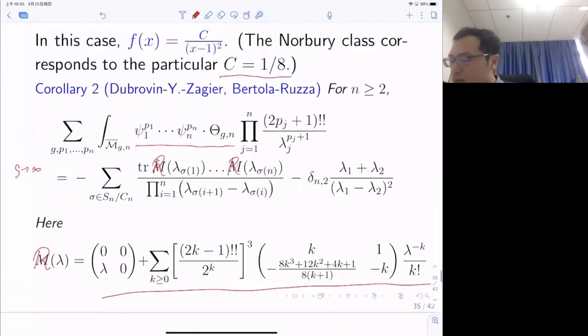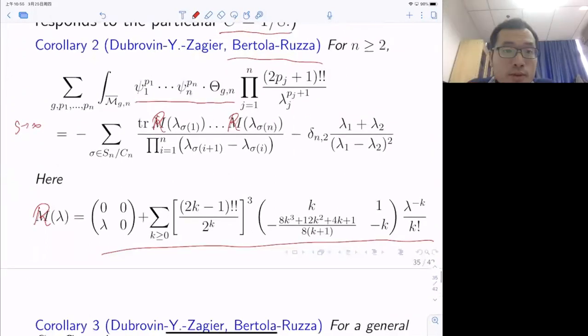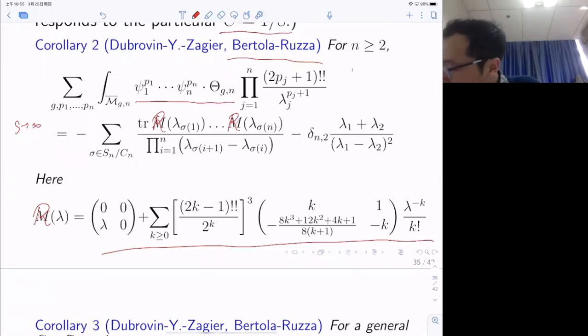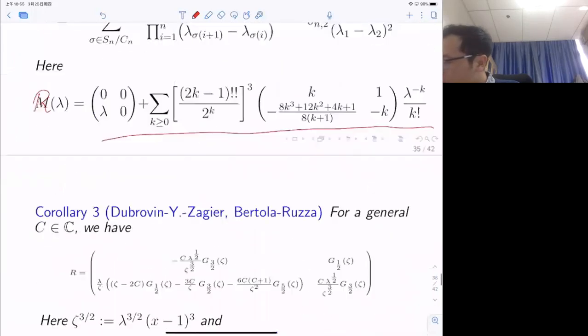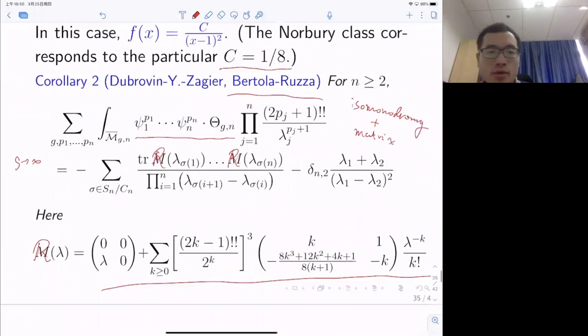With Bertola and Ruzza, they gave a different proof of this identity by an isomonodromic approach, together with matrix resolvent, and our proof only uses KdV.